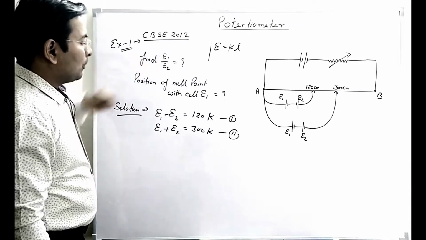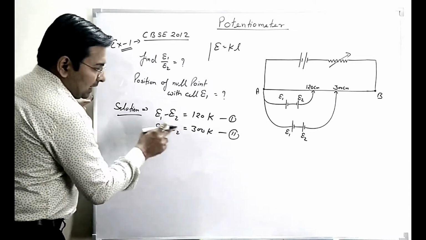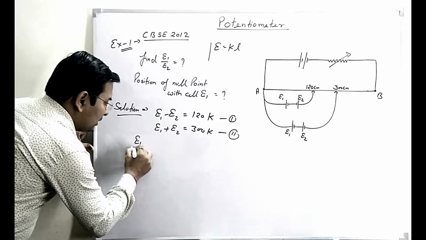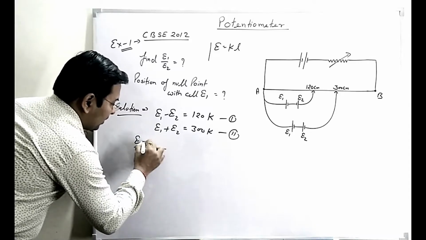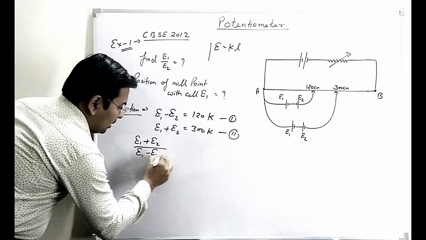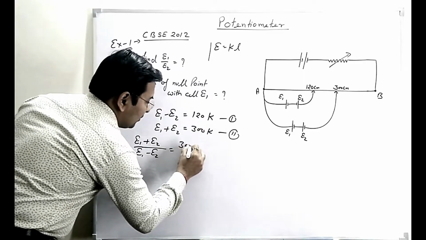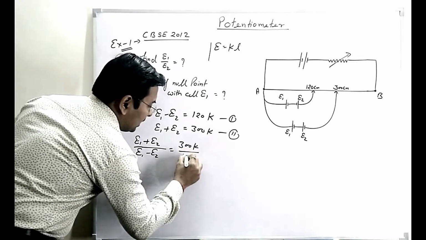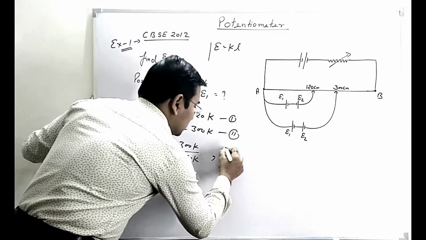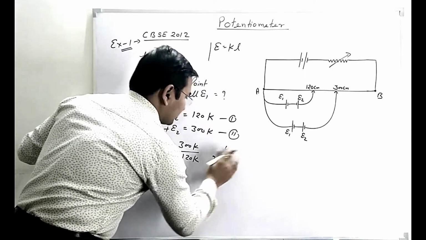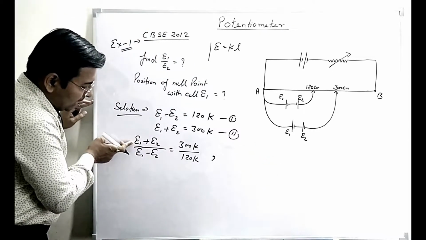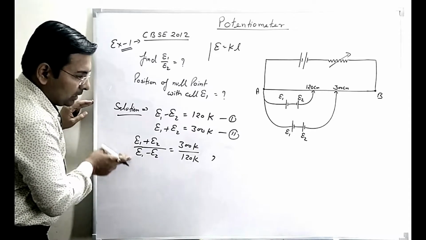Now what we have to calculate is the value of E1 upon E2. So let us divide equation 2 by 1. So E1 plus E2 upon E1 minus E2 will be equal to 300K upon 120K. Do one thing, divide E2 in numerator and denominator.